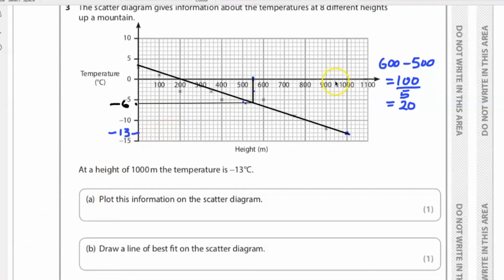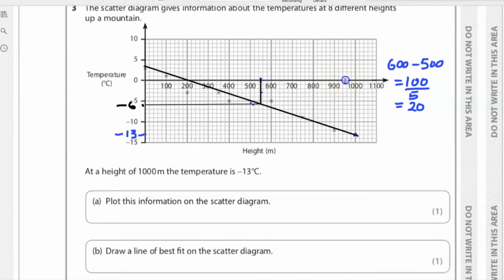I need to do the same thing to 950. 900, 920, 940, 950 is in between here. Trace it down. Make sure your ruler is straight.